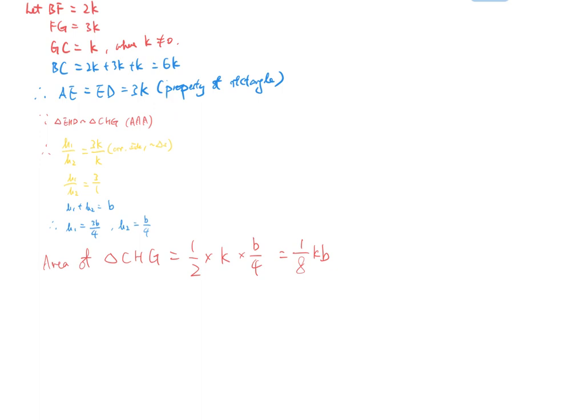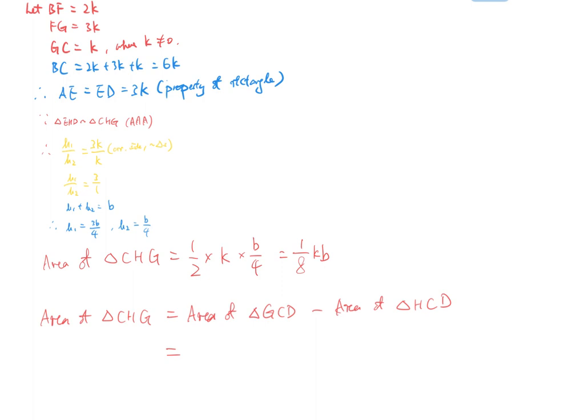And also we know that the area of triangle CHG can also be found by the area of triangle GCD minus the area of triangle HCD.